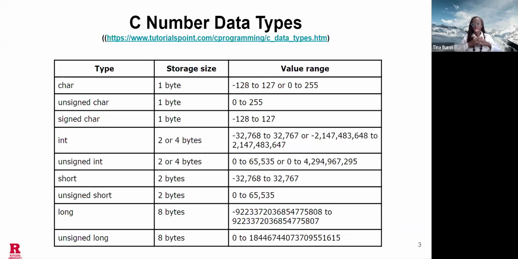Now, as we look at numbers overall, we know that C and other languages have different ways of representing numbers, right? Or really different data types, right? We can look at a character, whether it's signed or unsigned, integers, your short numbers, your long numbers. And when we look at floating point, they provide more accuracy than what an integer would. And they allow us to describe the number in a little bit more detail.